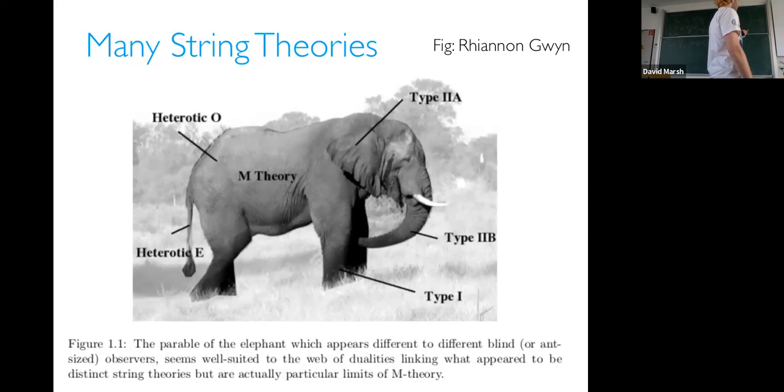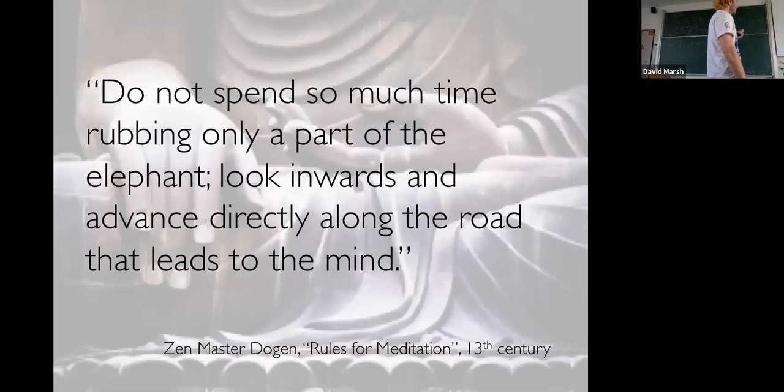So now I'm reminded of a quotation by the Zen master Dogen from the 13th century. Dogen said, do not spend so much time rubbing only a part of the elephant. Look inwards and advance directly along the road that leads to the mind. So we are going to try and find out what is common about all of these.